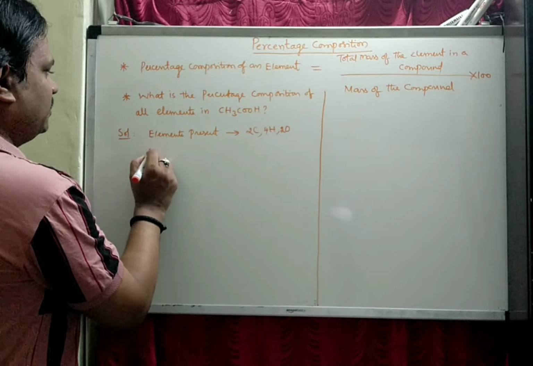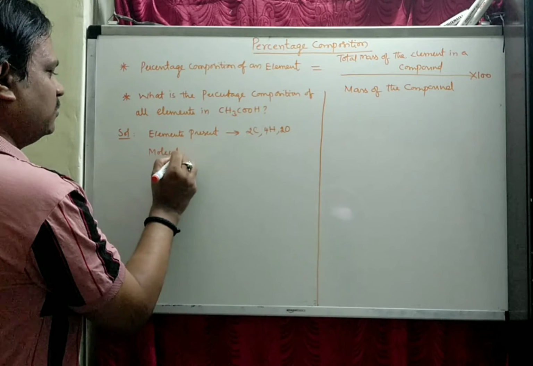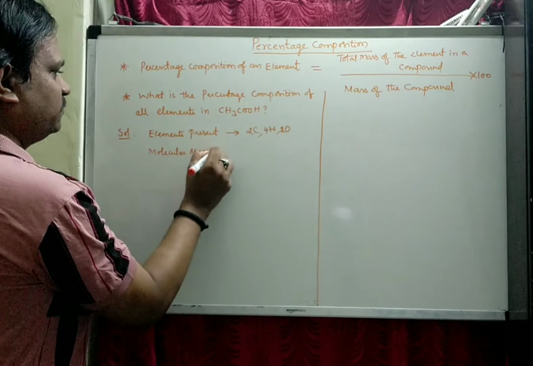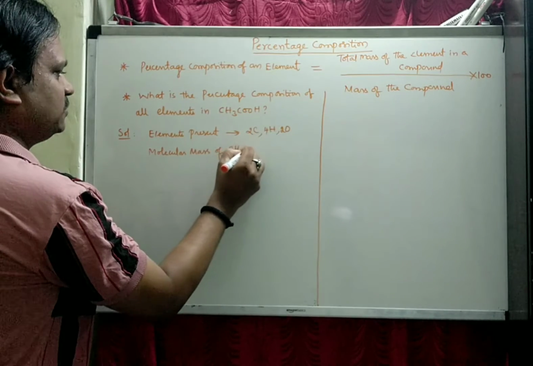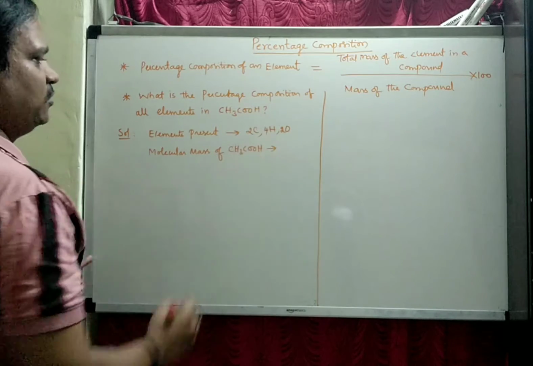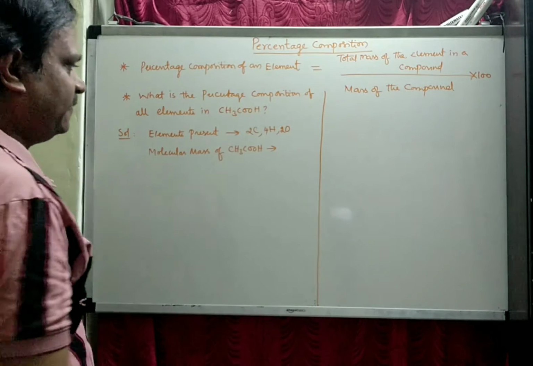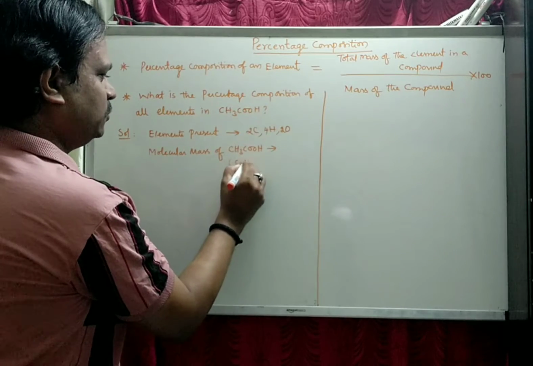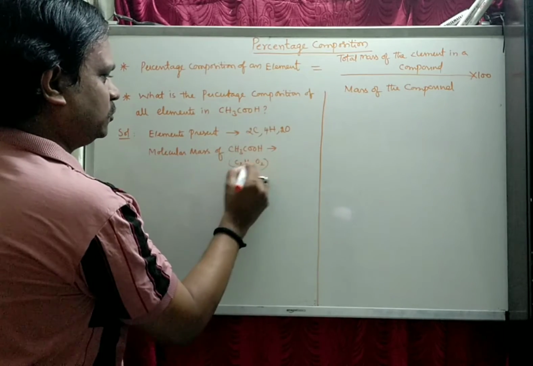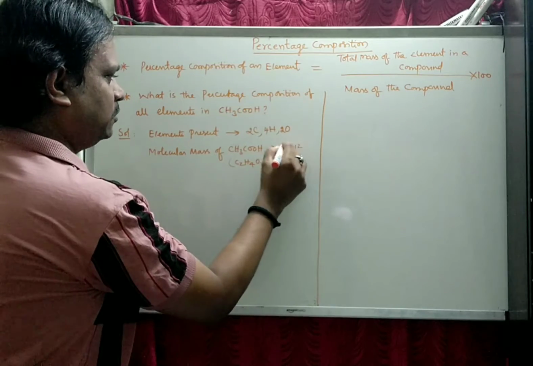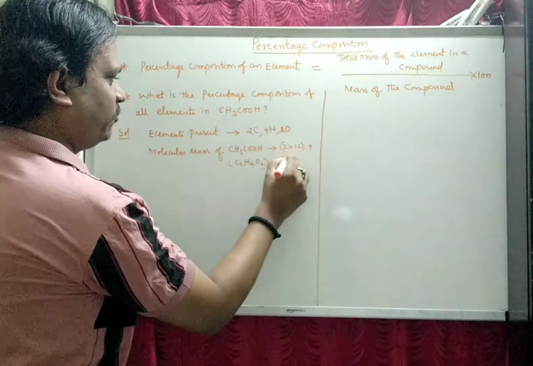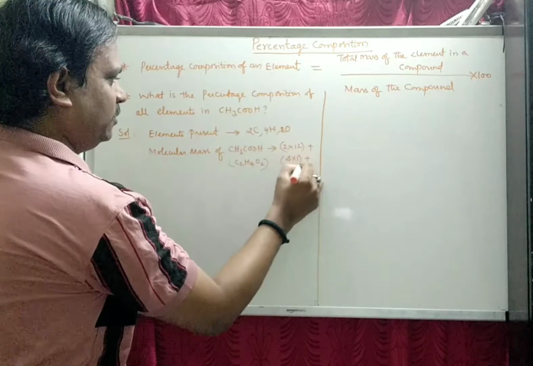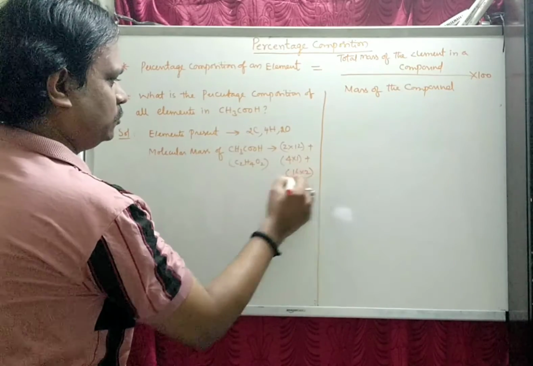Next, you have to calculate the molecular mass of CH3COOH. So what is the molecular mass of CH3COOH? You can write it simply as C2H4O2. So 2 carbons, 2 into 12, plus 4 hydrogens, 4 into 1, plus oxygen, 16 into 2.